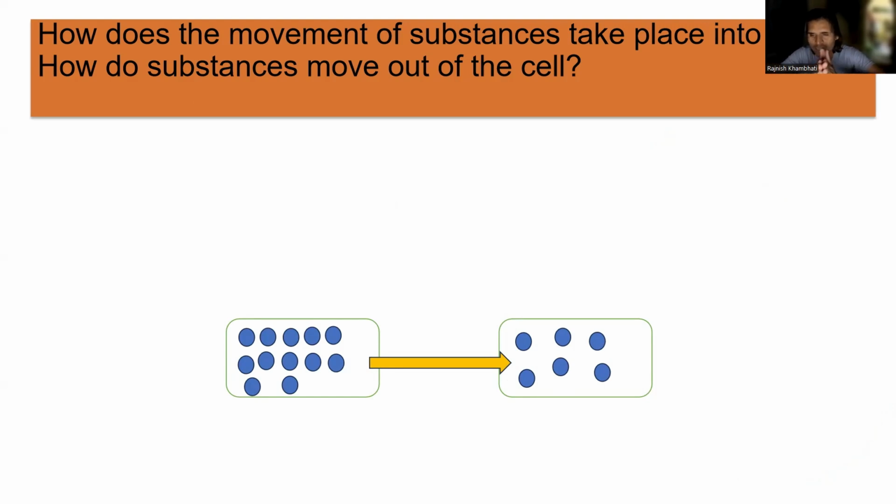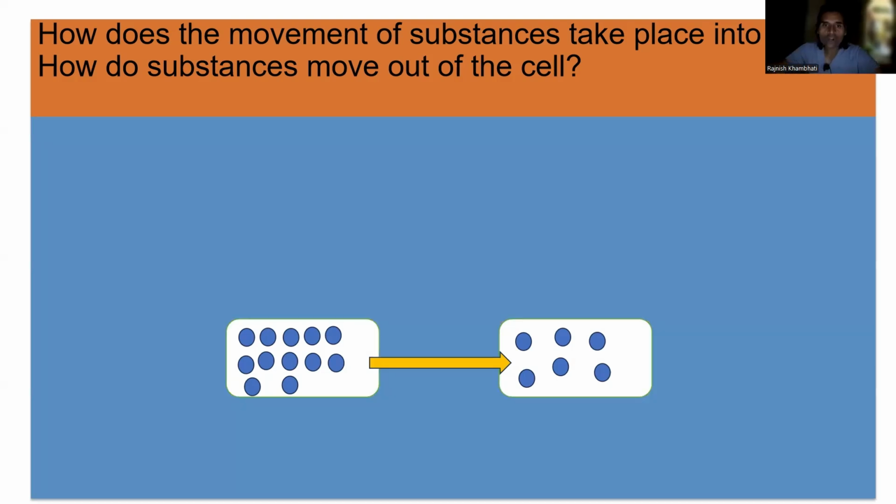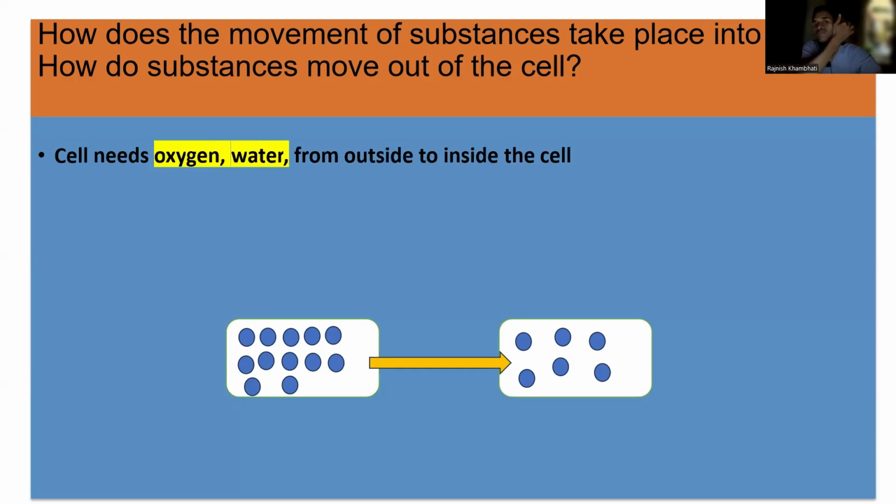One thing we saw before is that the plasma membrane will allow few materials to enter inside the cell or exit the cell. Something will come in a cell, something will go out from the cell. The question is how they will come in and how they will go out, the method. That is known as diffusion. Now this is the explanation of diffusion.